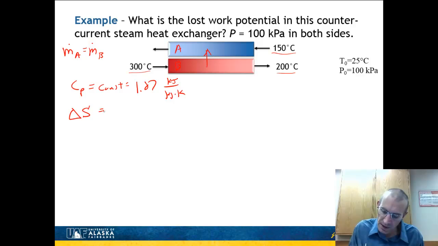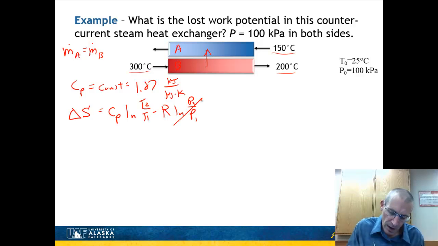And delta S is, for an ideal gas, Cp ln of T2 over T1 minus R ln of P2 over P1. And it's a constant pressure, so that term right there is going to be equal to 0. So we can go ahead and put in my values here. Cp of steam is 1.87.